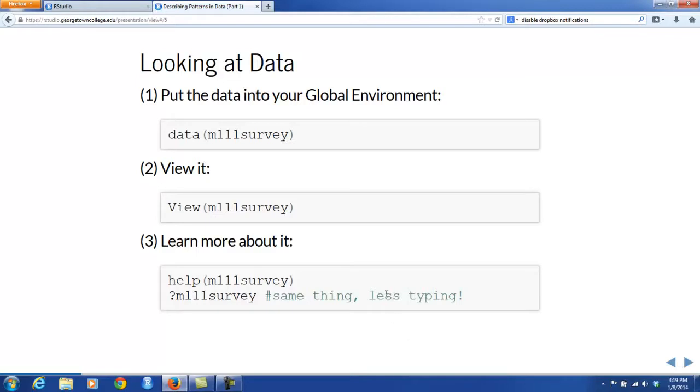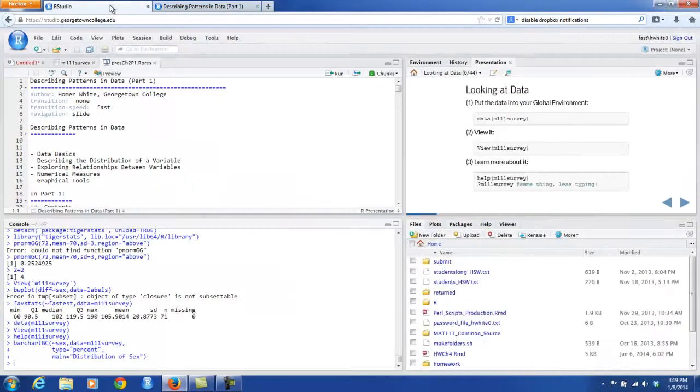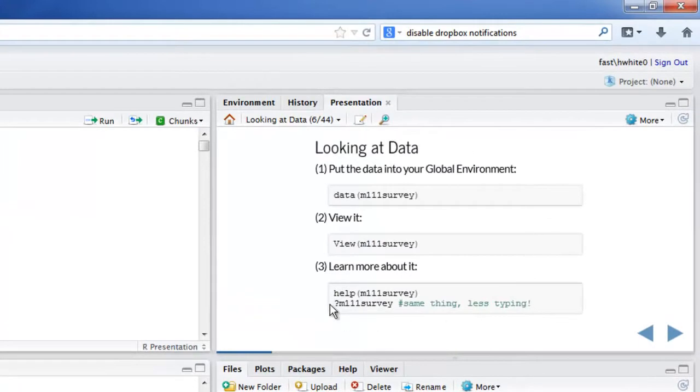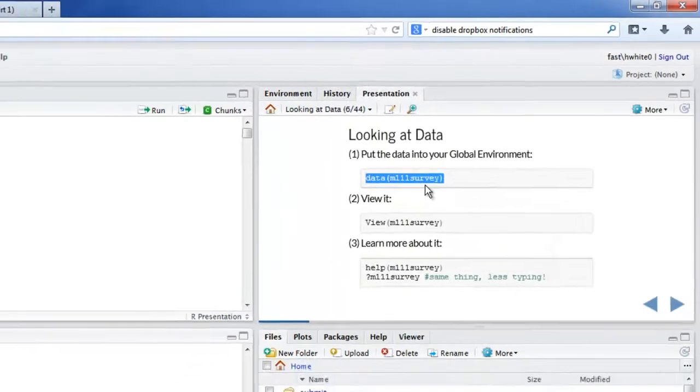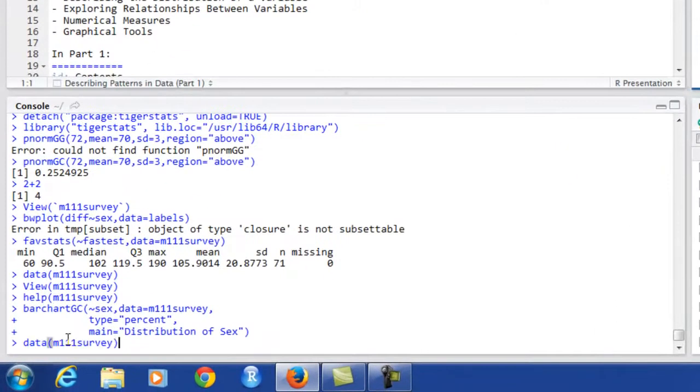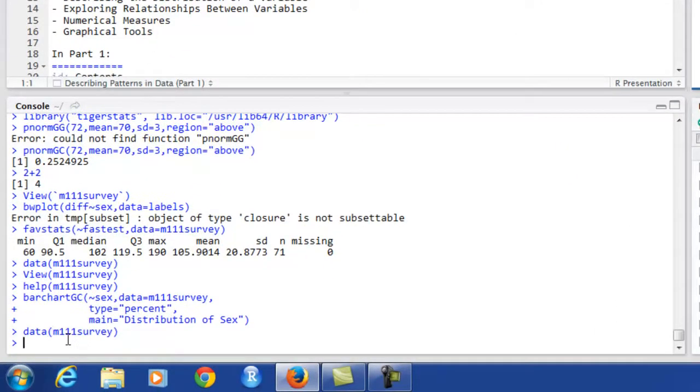In fact, I assume you might be following along looking at this presentation document in the RStudio server itself. So let's say you're there and looking at the presentation document up here in the upper right-hand pane, and say you'd like to get this particular item into your workspace, so you might copy and then go down to the console and paste in this function and then run the code.